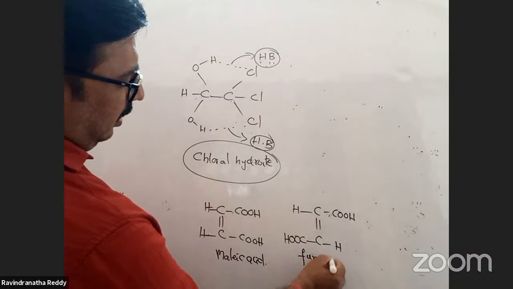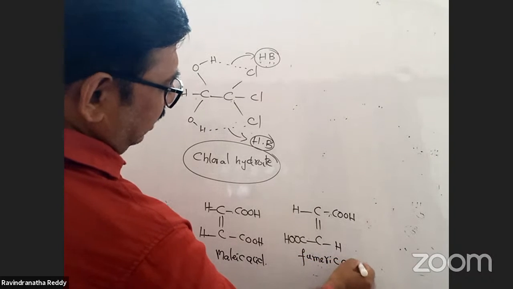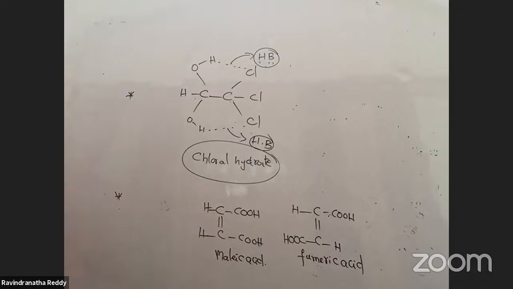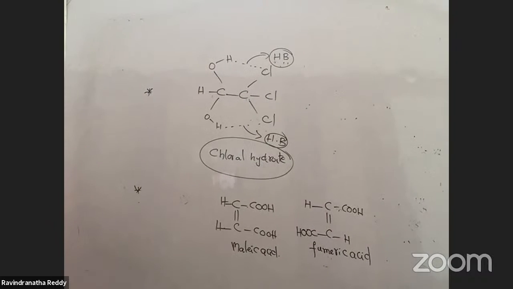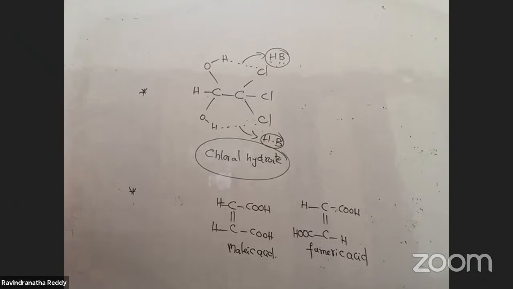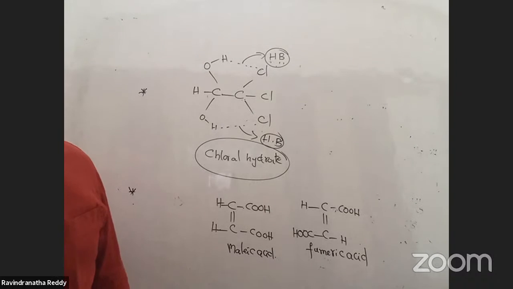So which one has the higher boiling point? What is the reason? Tell me. Malic acid and fumaric acid: which compound has the higher boiling point? This is a general, IQ-based question based on hydrogen bond.